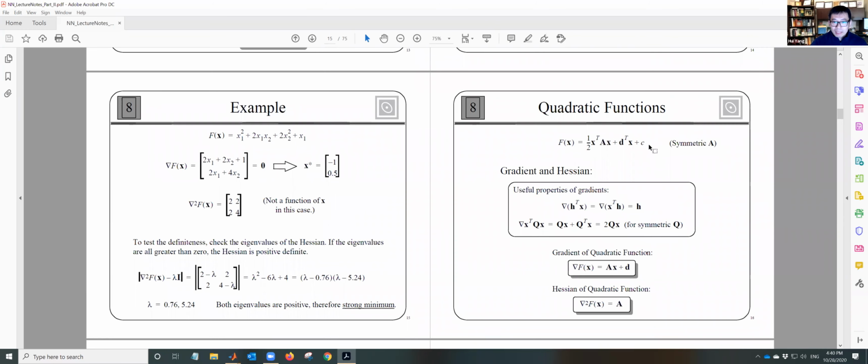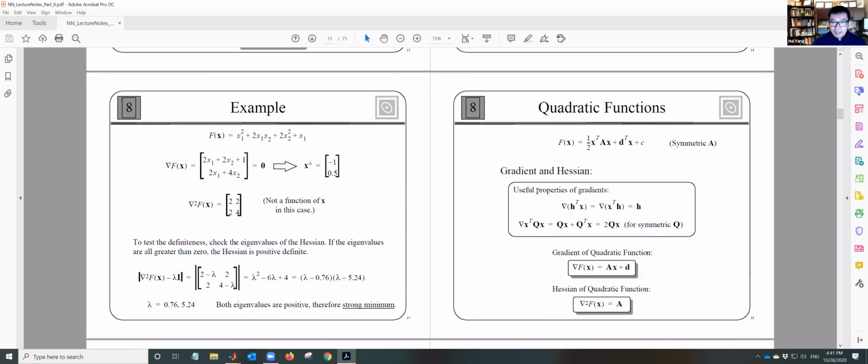So if you have a quadratic function, you can always express it in this form. Why does the quadratic become this form? Because this is f(x star), this is the derivative, right? And then this is the Hessian. So you can always express a quadratic function in this form, and you have symmetric A. So you have gradient, the gradient will become Ax plus d, the Hessian will become A. Why?